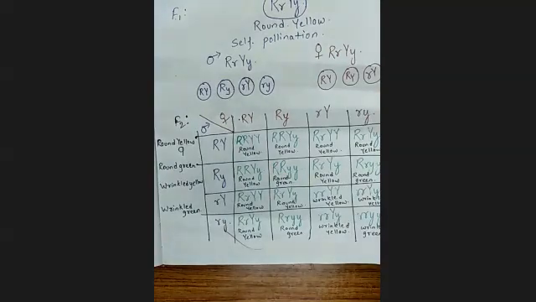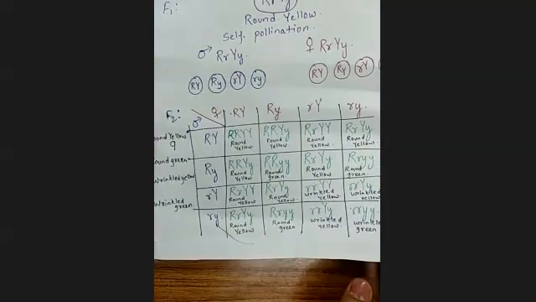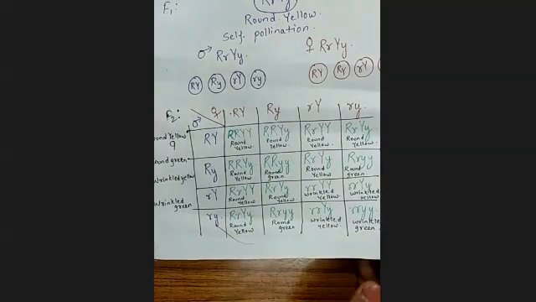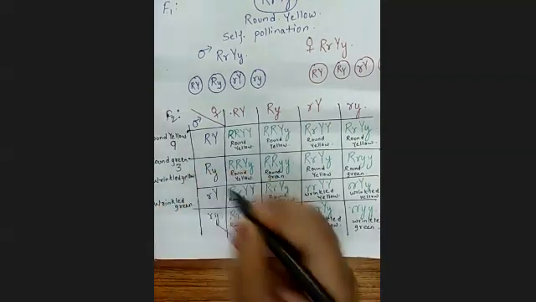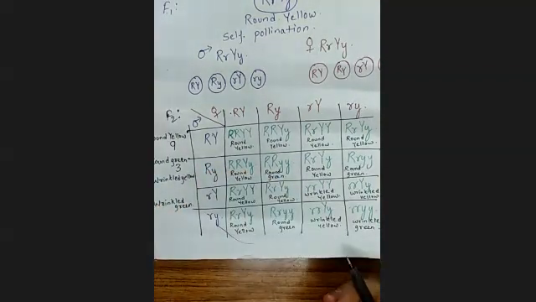Everybody got it? Okay. Spot the round and green. Ma'am, 3. Then wrinkled and yellow. Ma'am, 3.